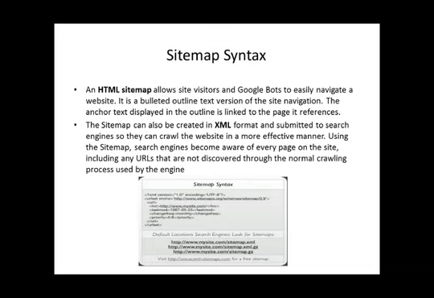There are different online tools available to create this sitemap and submit it to various search engines so that they can crawl the website in a more effective manner. Using this sitemap, search engines become aware of every page on the website, including any URLs that are otherwise left behind while navigating deep down the directory levels.